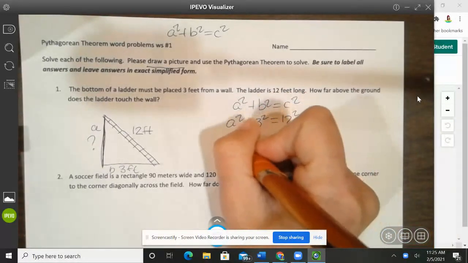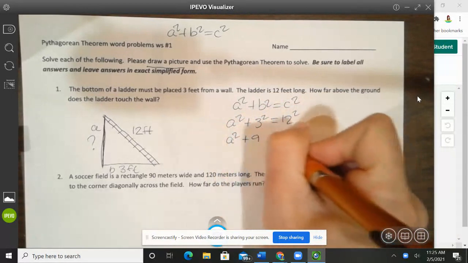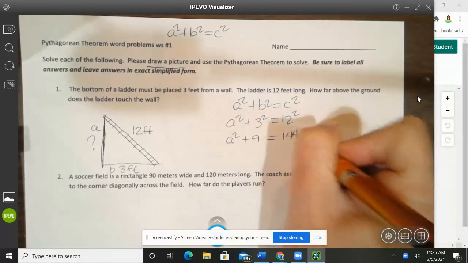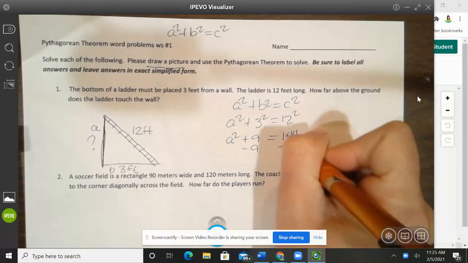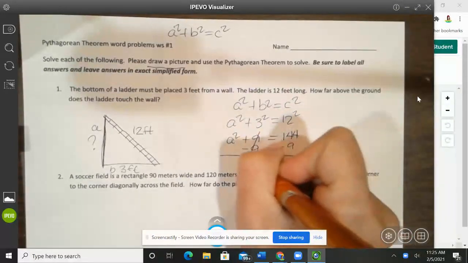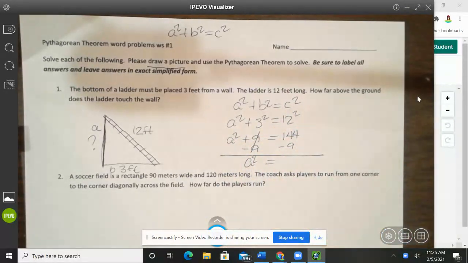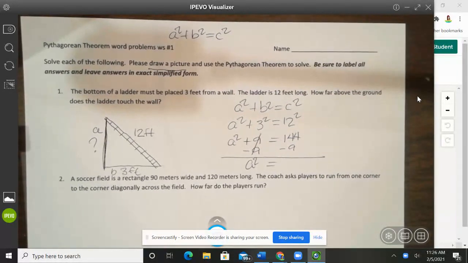So that is a squared plus 9 equals 144. And then subtract 9 from both sides. That goes away. We have a squared equals 144 minus 9. And then you take the square root. Remember to use your calculator for this.